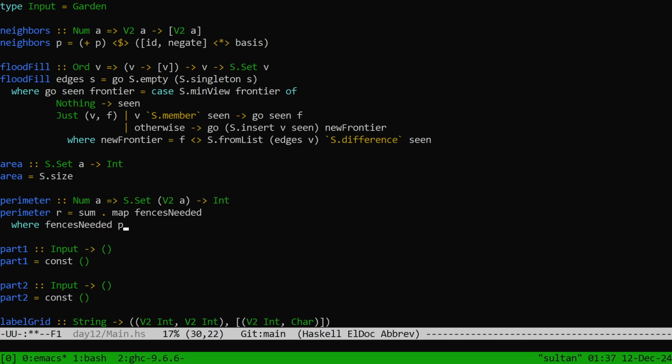Of a coordinate is the length of the filter. We'll actually call this a region. We have not member, is that a thing, right? Yeah.